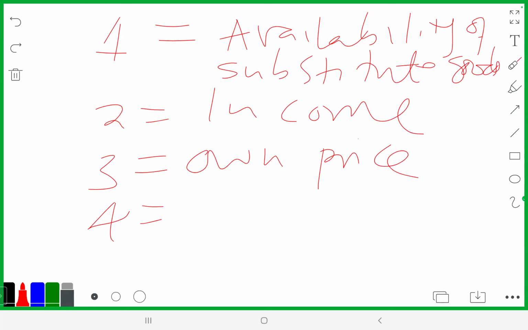Maybe when the price goes up on a particular good, customers would stop buying it and buy the other one. So customers will respond in some way by not buying. So basically it's just that.